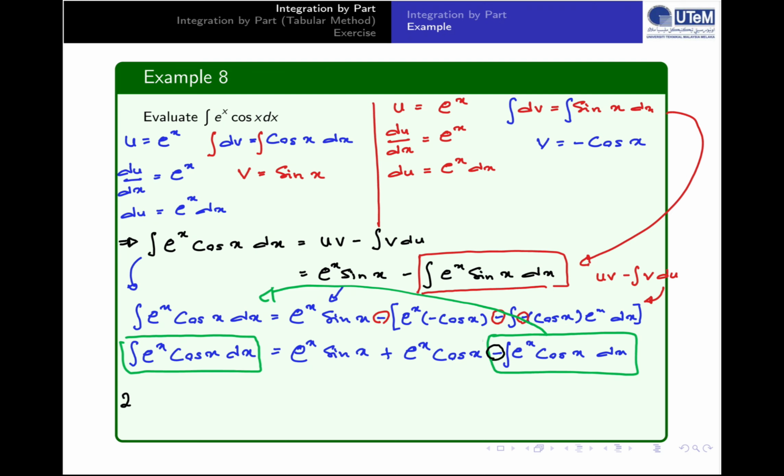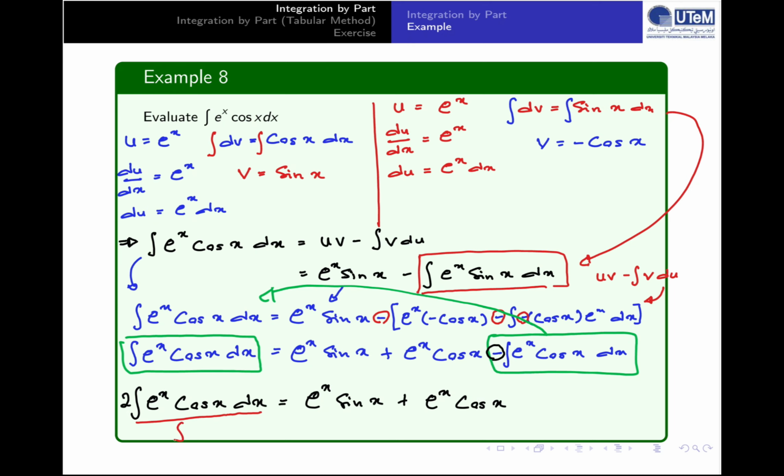When go to the right hand side, it become positive, so it become 2 e^x cos x dx equal to e^x sine x plus e^x cos x.